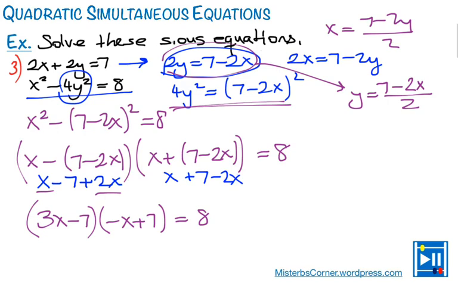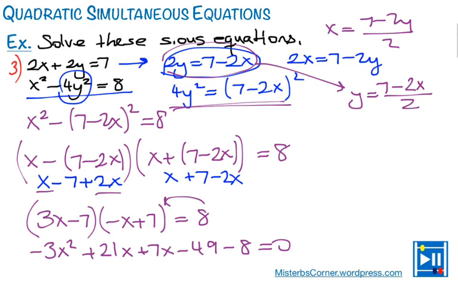Well, I cannot figure out anything from here because this is not equal to 0 at the end of the day, so I have to do the expansion anyway, but that's going to be slightly easier because I used the difference of squares. So I'm going to end up with minus 3x squared plus 21x plus 7x minus 49 minus 8 equals 0. I take it to the other side as well.